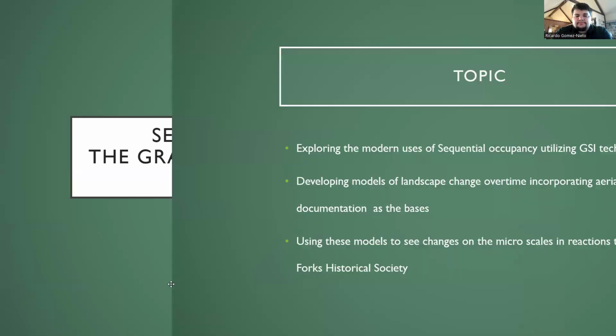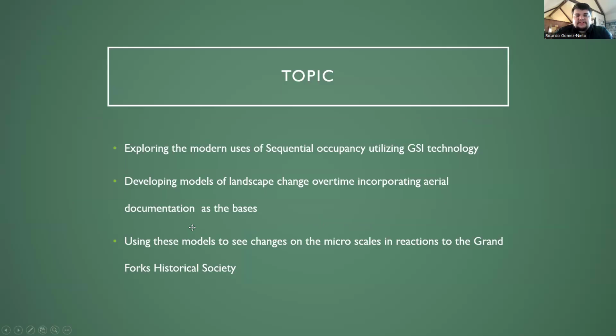So, what does that topic entail? For this project specifically, I'm going to take apart the idea of sequential occupants. This is an idea that was put forth in the early 1930s, late 1940s by a Harvard geography professor known as David Whitsley.